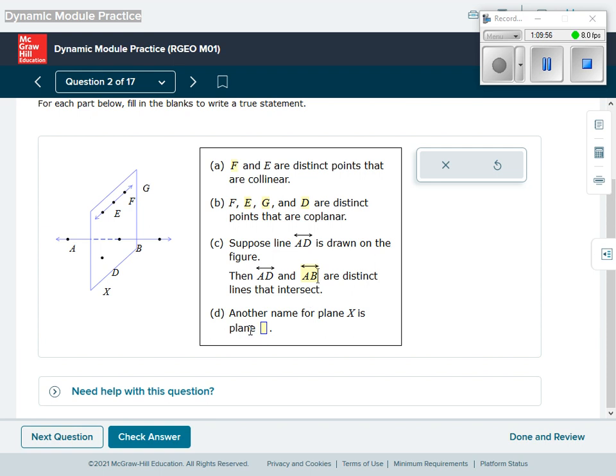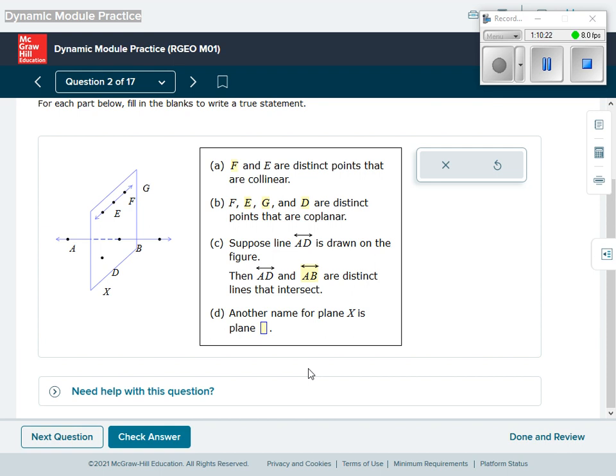Another name for plane X. Uh-oh. We don't call it plane X. How many letters do we got to use? 3. So pick me 3 points that are on that plane. Yeah. E, F, and G. Is that going to work? Why not?